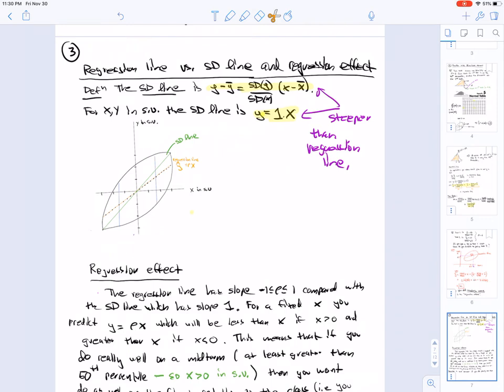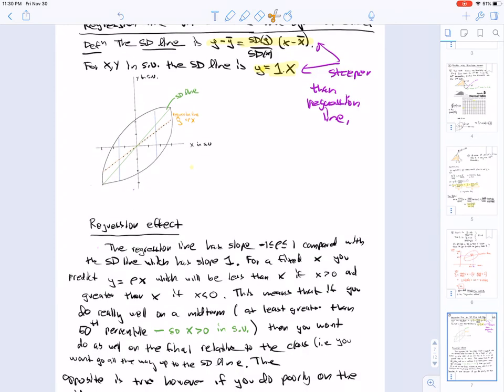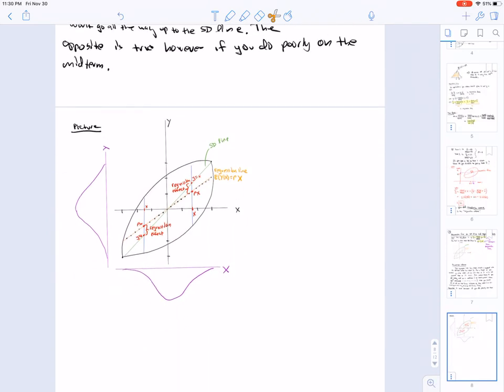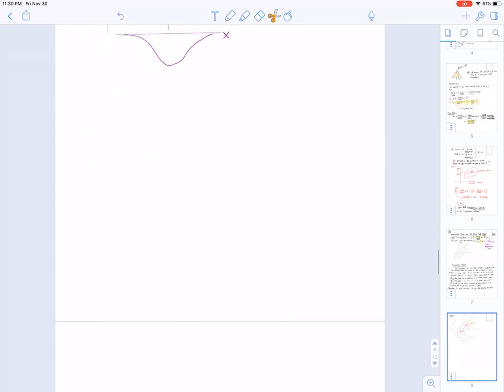You expect to get below 50 percentile, but actually you'll do better. You will not go all the way down to the green line. You'll only go to the regression line. So you'll do better. So again, here in red, you can see the regression effect, which is a good thing if you're not doing well in the class, but if you're doing well in the class, it's a bad thing.